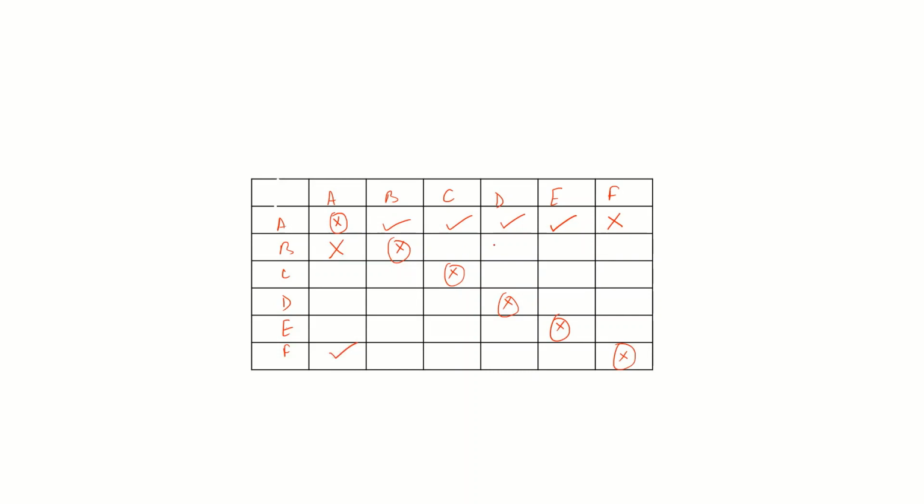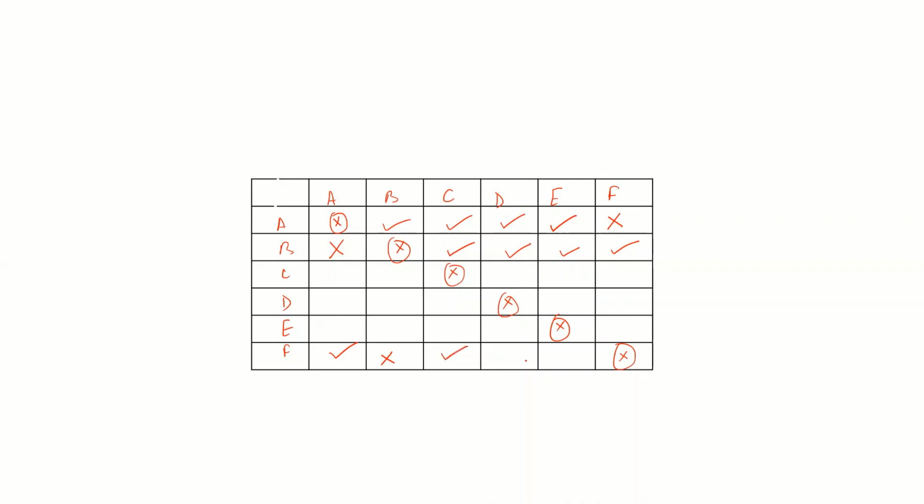Similarly, now, do I have an option of helping B win 4 matches? Now, let's try understanding this. B has won a match against F. Fine. So F has lost a match against B. Now, do I have an option of helping F win 4 matches?